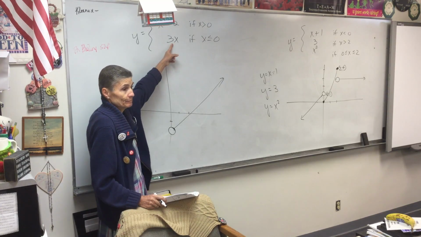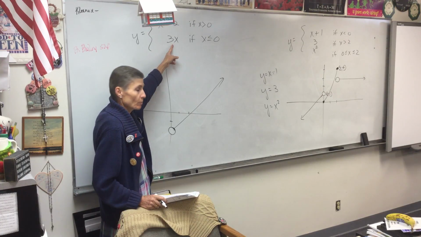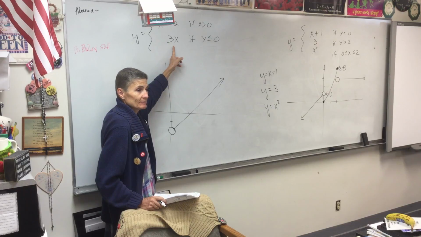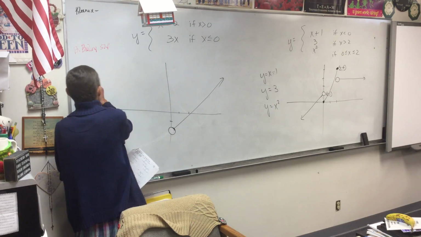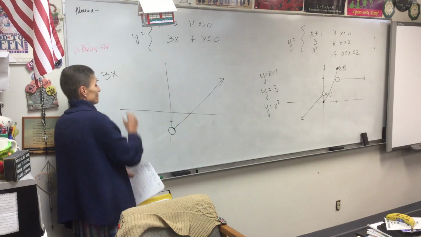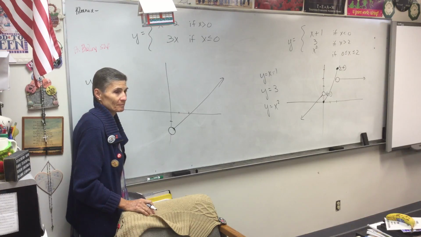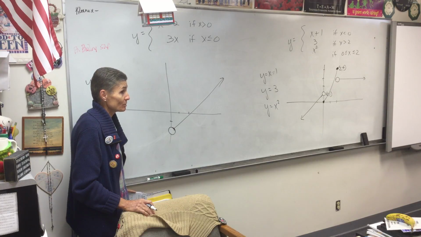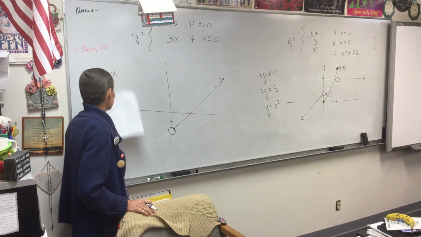What's that? I know it's a 3x. What shape is it? Y equals 3x. What shape is that? Nothing squared or anything, which means it's a what? It's a line. And what do I know about that line?